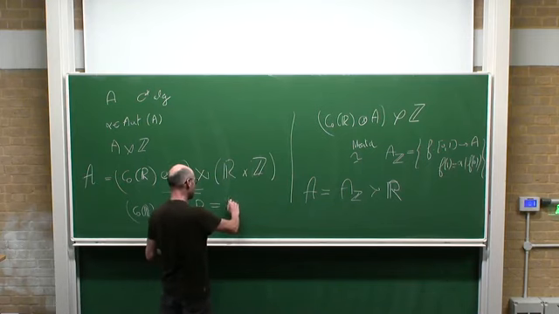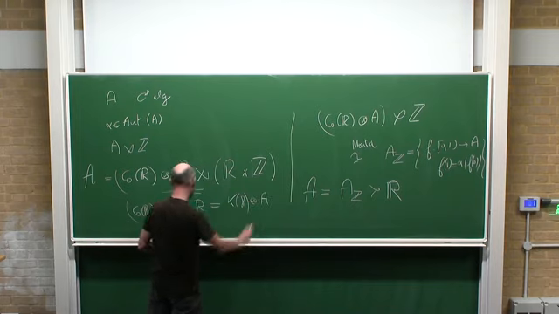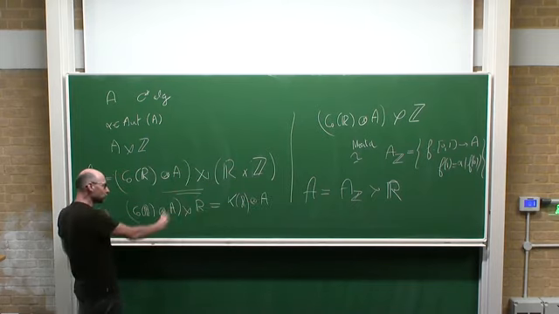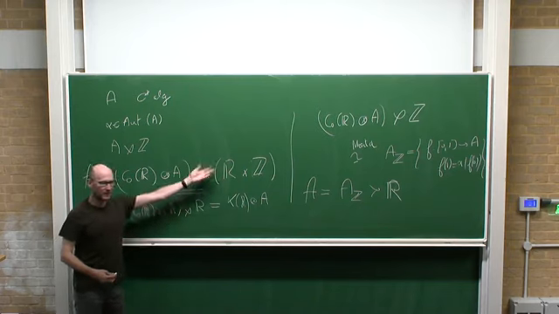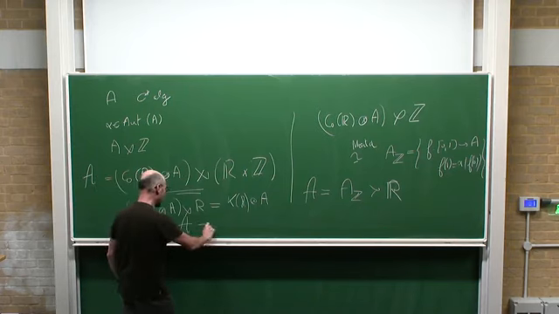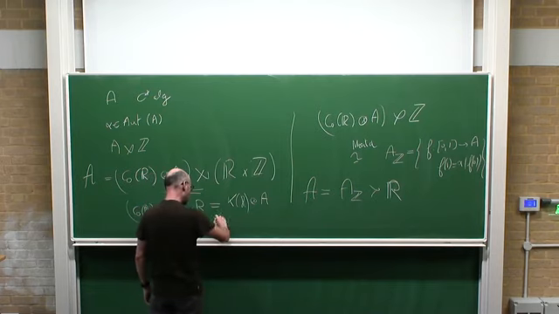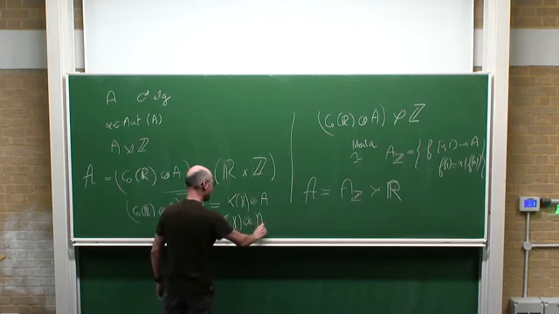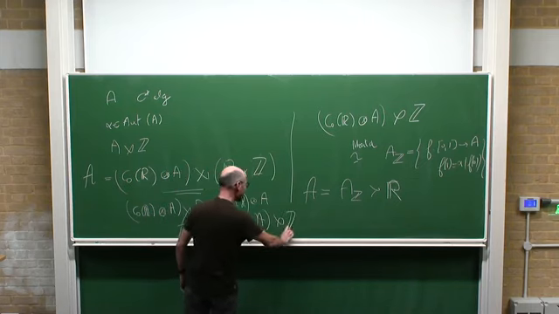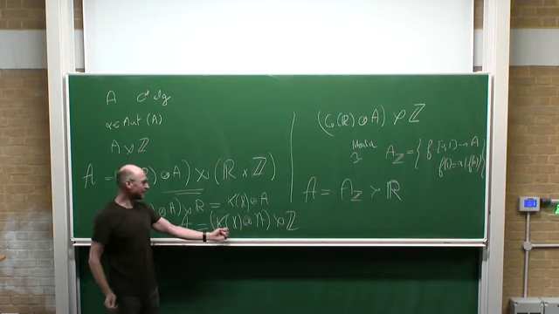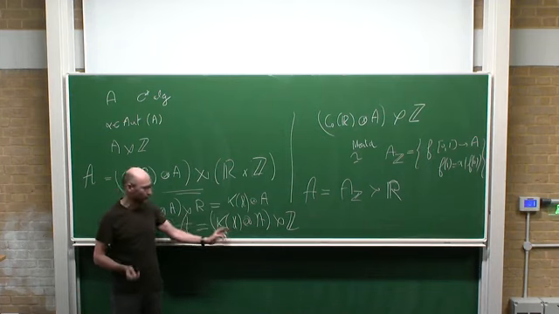This is just K, the compact operators on the space, tensor A, and now when you add this Z action, you get compacts tensor A cross product Z. Of course, the Z is acting on the compact operators.